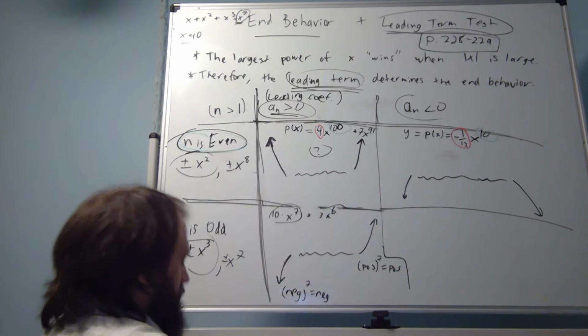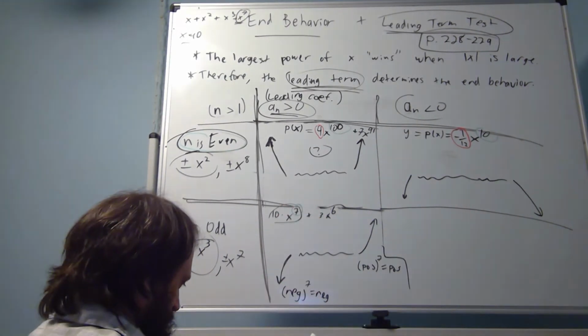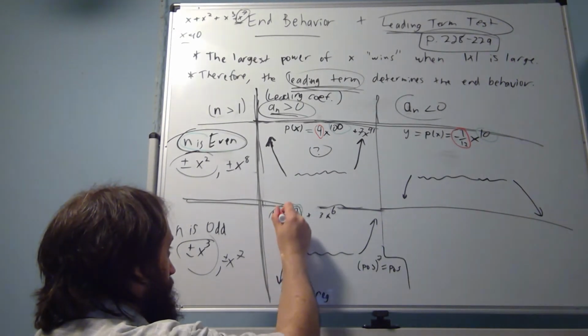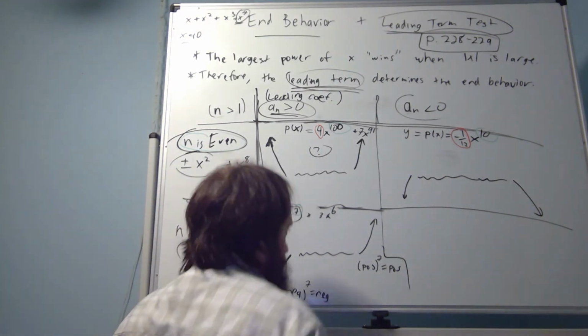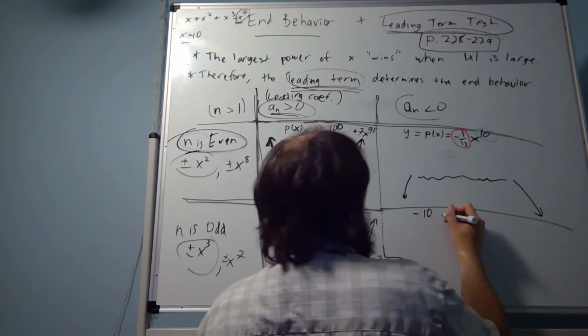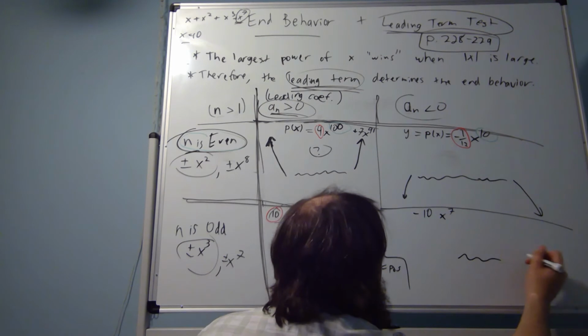But here we are. We got odd degree, positive leading coefficient, and negative leading coefficient means exactly the opposite behavior.